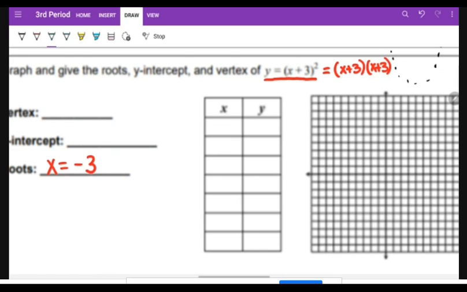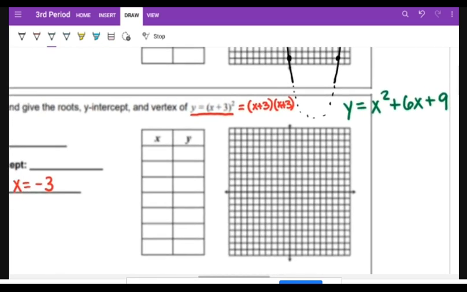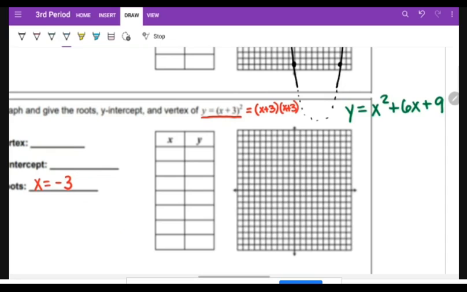So then let's convert our quadratic equation into standard form using our rectangle. When we do that, we get y equals x squared plus 6x plus 9. And then we now know our A, our B, and our C, so we can pretty easily find our y-intercept, 0, 9.